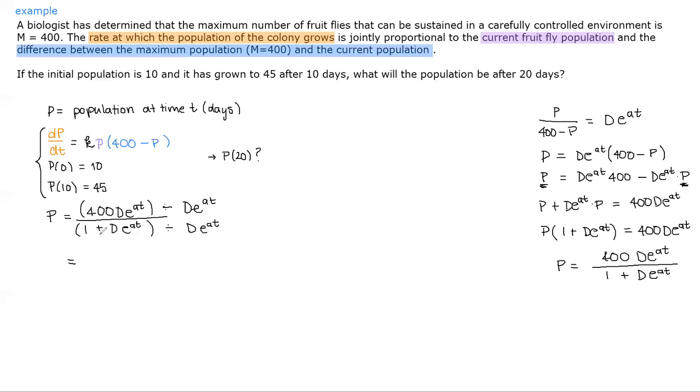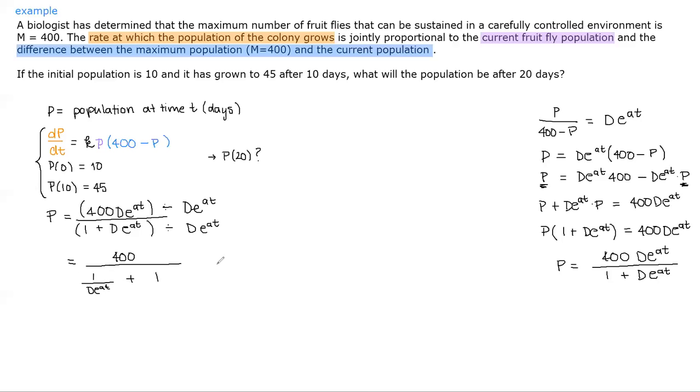It's just going to be written probably slightly different. So at the numerator, I find 400, and at the denominator, I'll have 1 over d e to the at plus 1. You're going to say, okay, so what's the point of doing this?